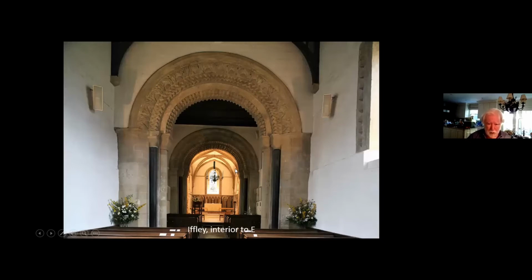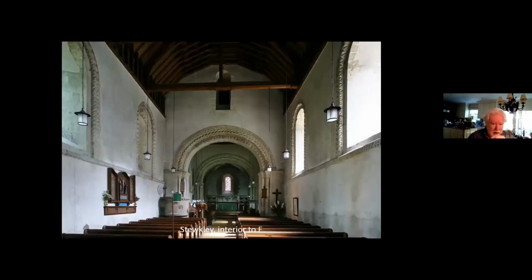I'm not going to say anything more about it, but I will throw out one analog for you. Take you to Stukely. There's a view looking east from the nave, and once again, to emphasize the spaces, wood roof nave, wood under the tower, and then a rib vaulted eastern bay.